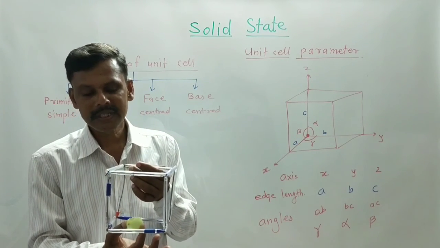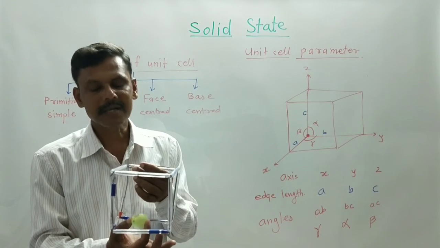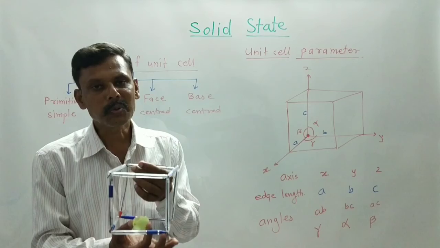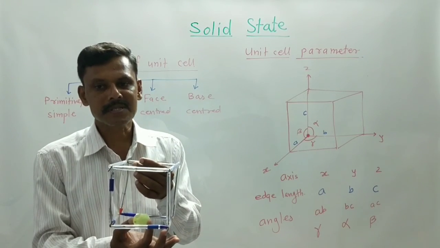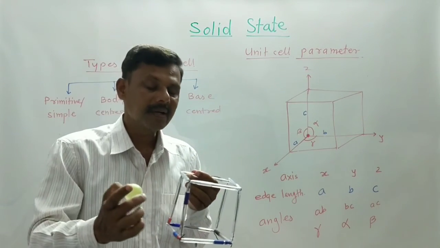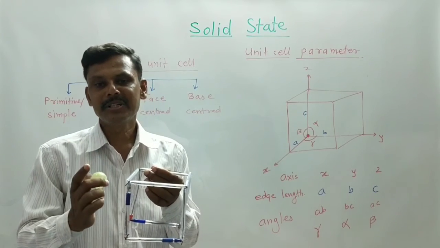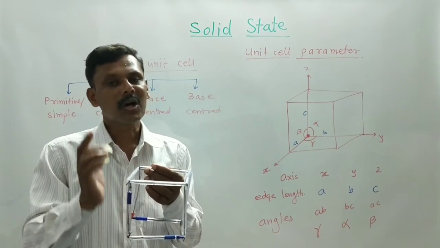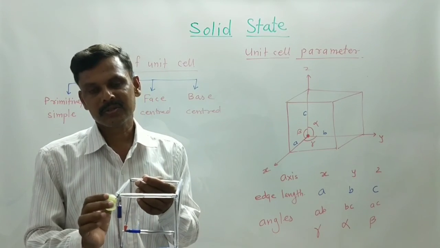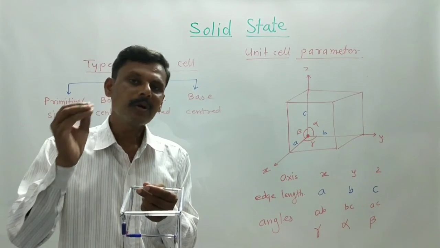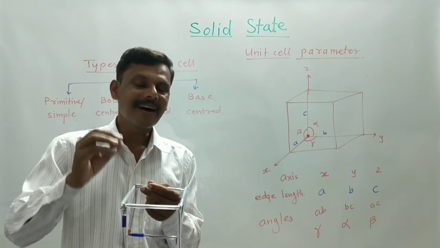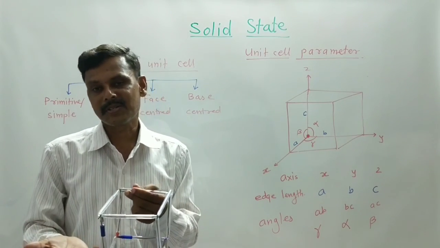Remember, constituent particles are present only at opposite faces. But remember, this is in addition to the corner particles. So these are the 4 types of unit cell depending upon the arrangement of particles.